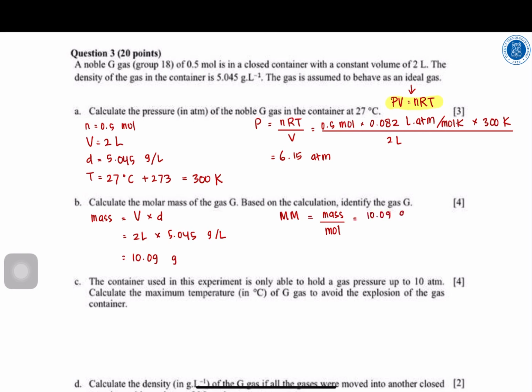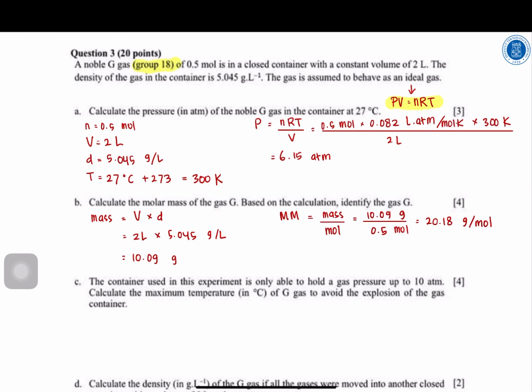So here we have 10.09 grams, and then divided by the mole, which is half mole. So here we have 20.18 gram per mole.